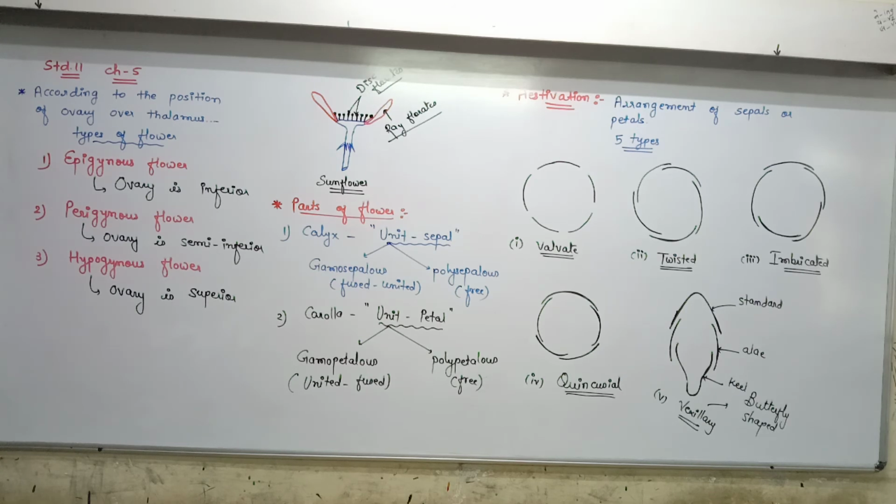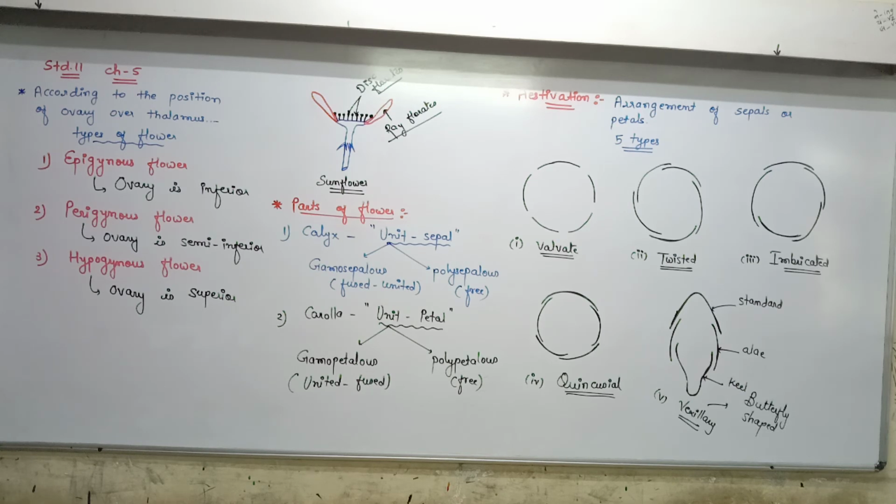Now see the excavation from the textbook. The mode of the arrangement of the sepals or petals in floral bud with respect to other members of the same whorl is known as excavation. The main types of the excavation are valvate, twisted, imbricated, and Rexillary.